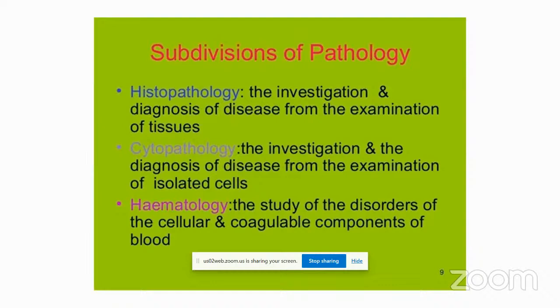Then cytopathology is the investigation and diagnosis of disease from the examination of isolated cells. Then the next subdivision is hematology, the study of disorders of the cellular and coagulable components of blood. These are the main three subdivisions: histopathology, cytopathology, and hematology.